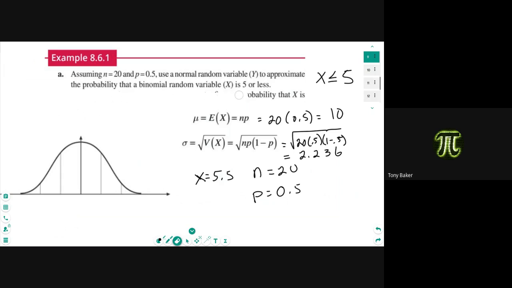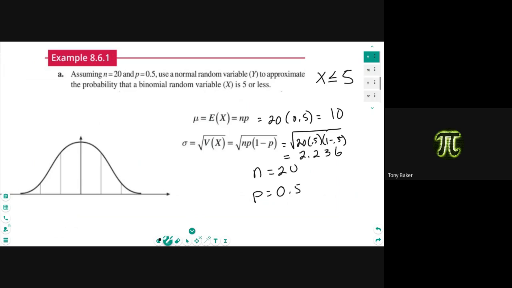So A is just looking at, it says the variable is 5 or less, which means x is less than or equal to 5. Because I can have 5 and everything below, right? That part makes sense? Okay. So because this is discrete, and I'm doing it on a continuous table, I can't plug in exactly 5 because it's not going to give me 5.